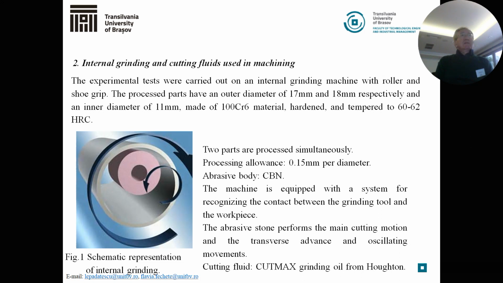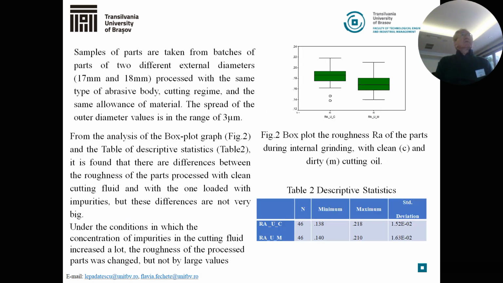The cutting fluid is Castrol grinding oil. Samples of parts are taken from batches of parts of 2 different external diameters, 17 and 18 mm, processed with the same type of abrasive body, cutting regime and the same allowance of material. The spread of the outer diameter value is in the range of 3 micrometers.